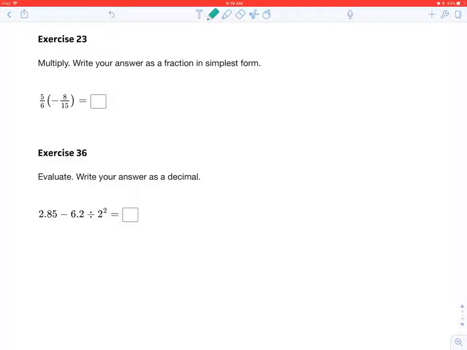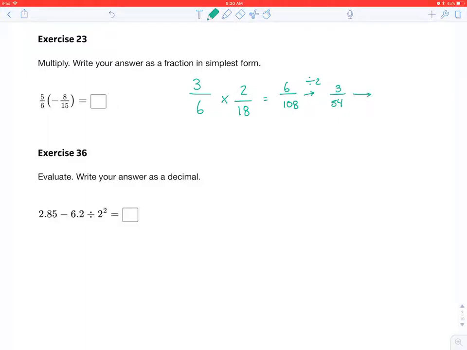I'll go ahead and do an example for us as well. I'll do 3 sixths times 2 eighteenths, which if I were to just multiply straight across is going to give me 6 over 108, which if I divide both of those by 2 is going to give me 3 over 54, and so that simplifies it.